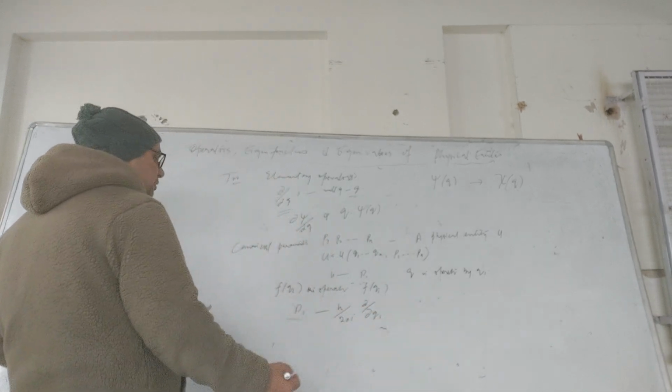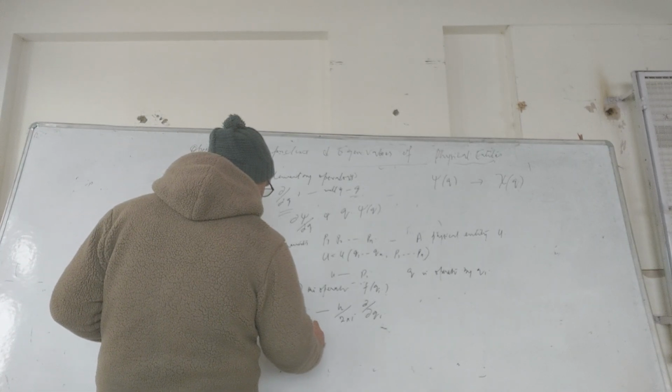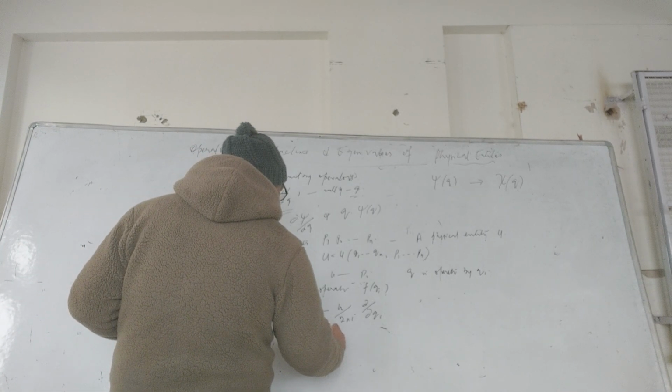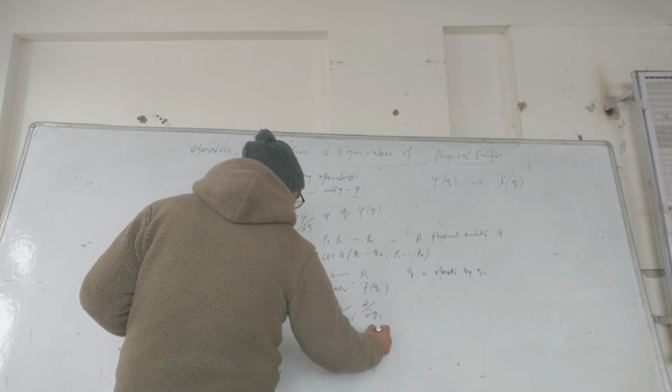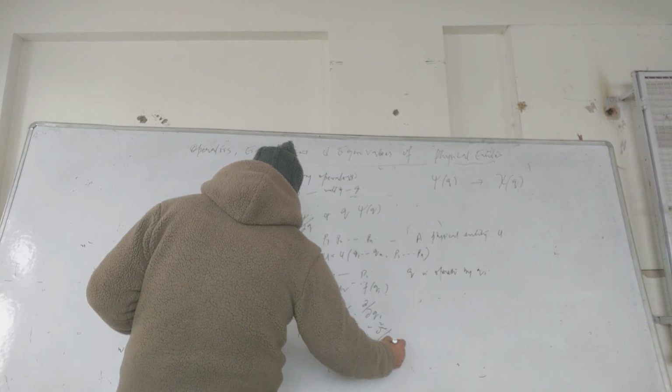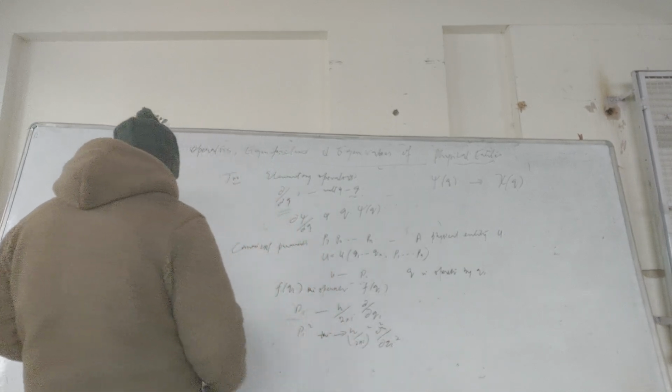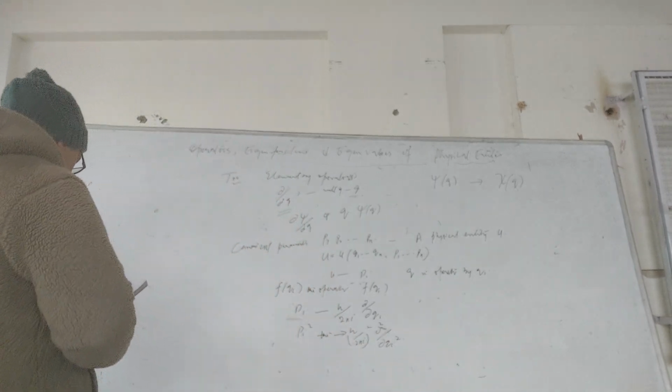In the same way, for Pi squared, the operator can be the square of that, h by 2 pi i squared, d2 by dqi squared, and so on and so forth.